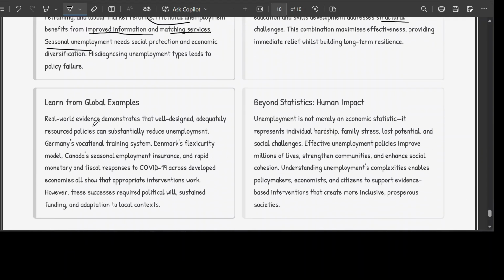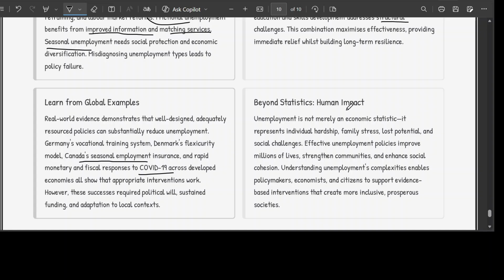Also, learning from global examples can help us reduce unemployment levels, like Denmark's flexicurity model, Canada's seasonal employment insurance, and rapid monetary and fiscal responses to COVID-19 across developed economies, which have shown us how the appropriate intervention works.